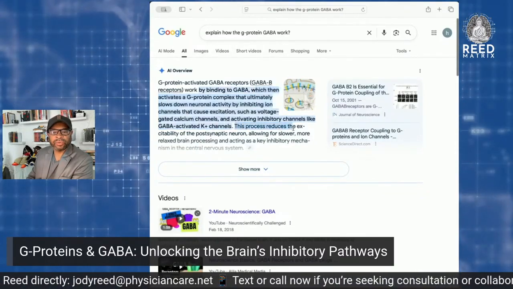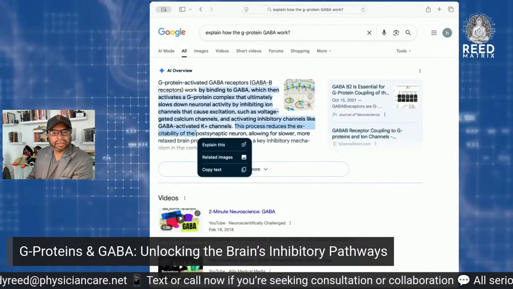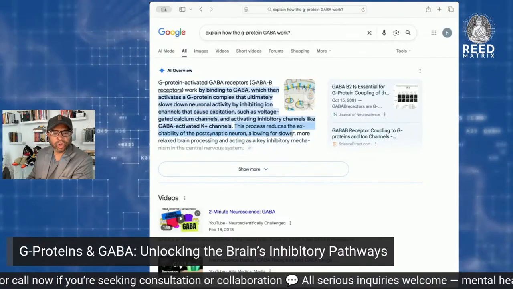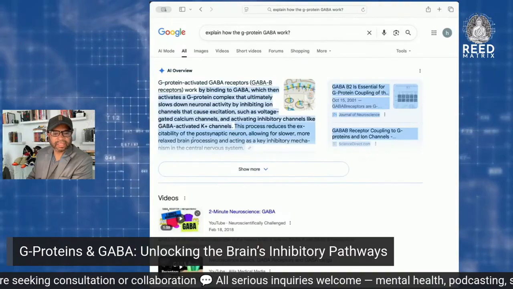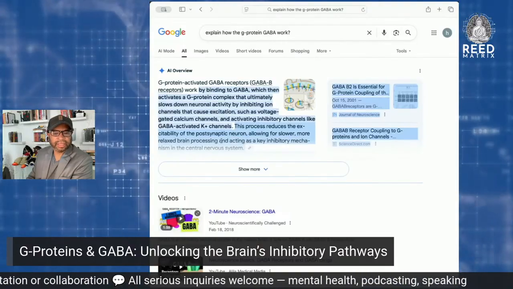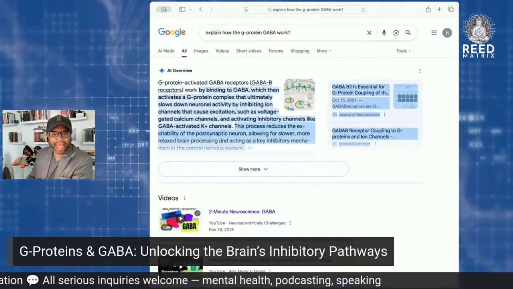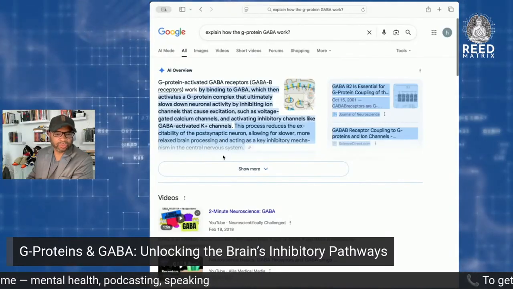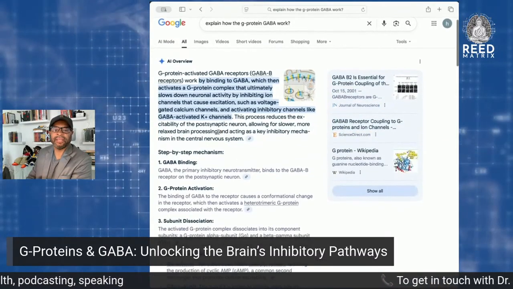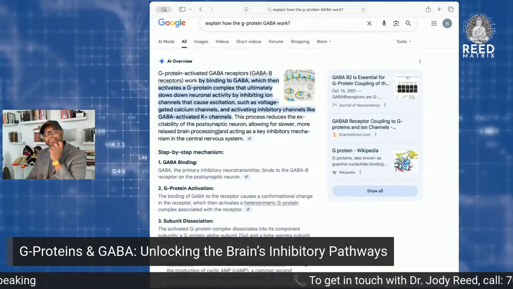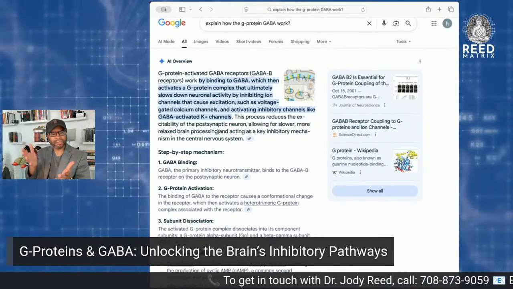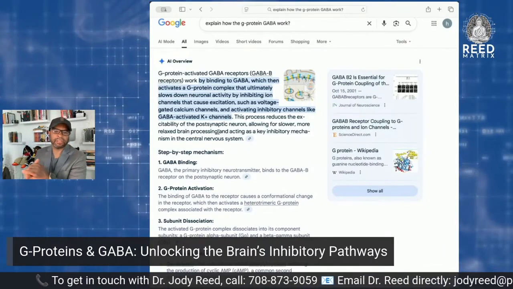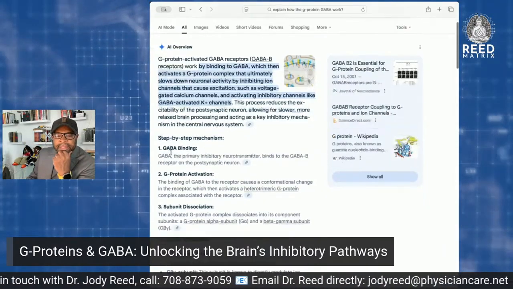This process reduces the excitability of the postsynaptic neuron, allowing for slower and more relaxed brain processing, and acting as a key inhibitory mechanism for the central nervous system. The key inhibitory mechanism. So let's see the play: glutamate, excitation; GABA, inhibition. All right, step-by-step mechanism here.